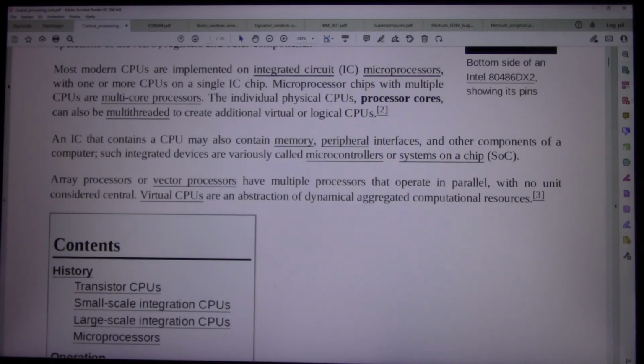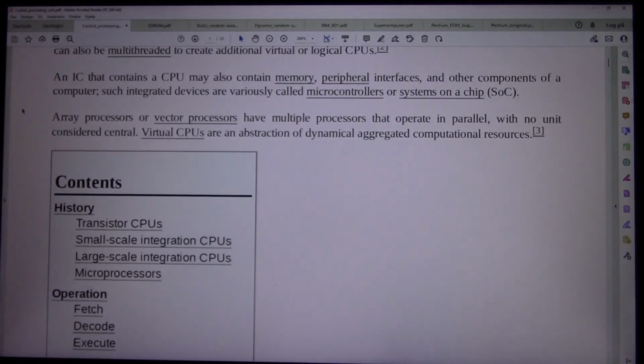An IC that contains a CPU may also contain memory, peripheral interfaces, and other components of a computer. Such integrated devices are variously called microcontrollers or systems on a chip, SoC. Array processors or vector processors have multiple processors that operate in parallel, with no unit considered central. Virtual CPUs are an abstraction of dynamically aggregated computational resources.